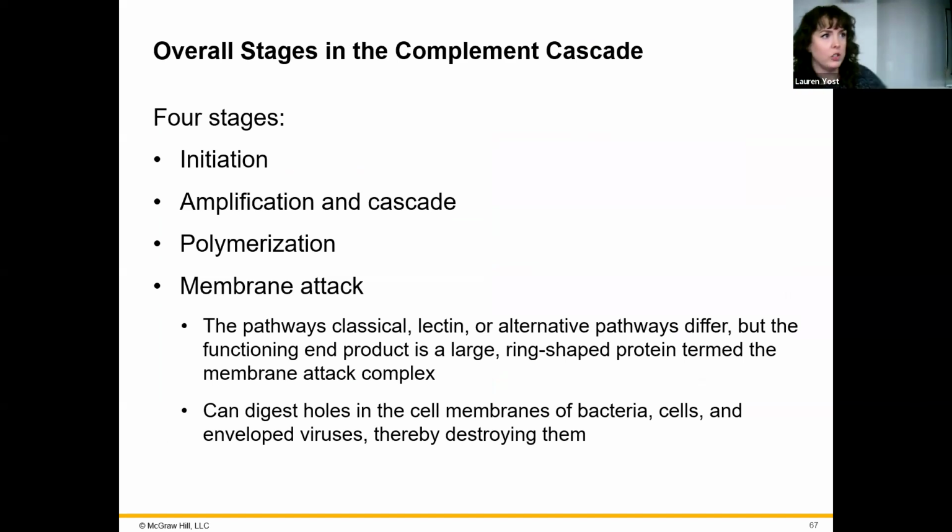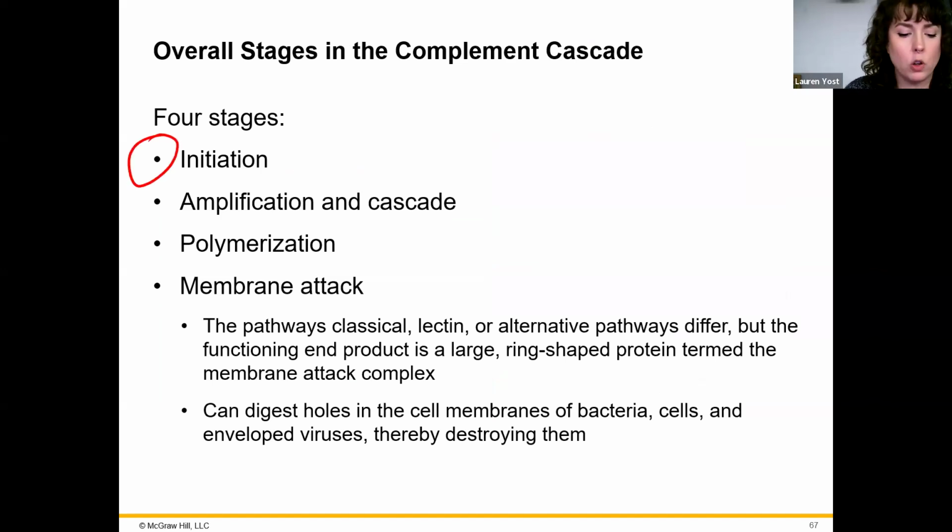So there are 4 stages to all this. Initiation, no duh, you have to start it somehow. So that's your classical and your alternative and your lectin pathways. Initiation, we got it started. Then we've got amplification and cascade. That's literally just all of those steps happening to lead to the phagocytosis, to the inflammation, to the membrane thing.